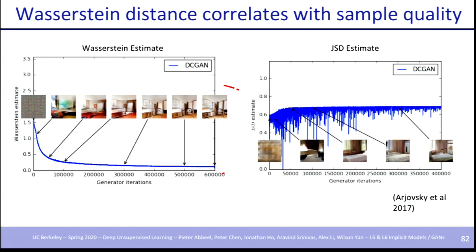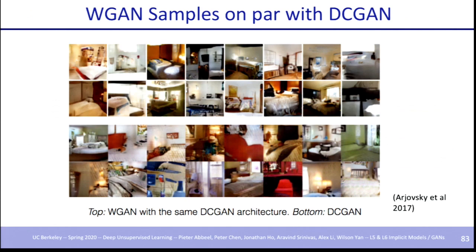Whereas for the Jensen-Shannon divergence, they have their own way to estimate it, and it's not particularly correlating with the sample quality. The main thing that they wanted to show was that with exactly the same architecture, just by changing the objective and the training mechanism, the WGAN samples are on par with DCGAN. And that was really cool. So it's like a new GAN family, but it's working as well.